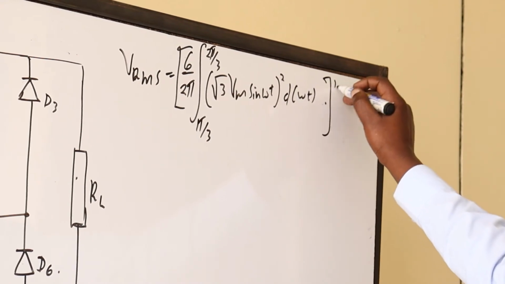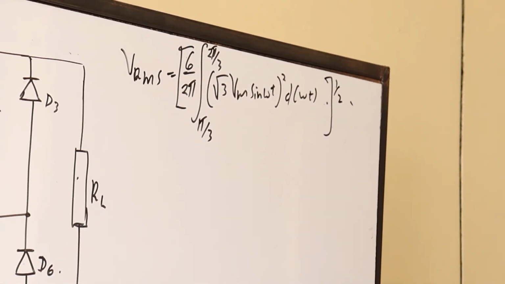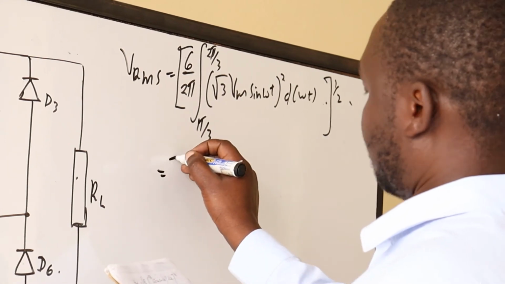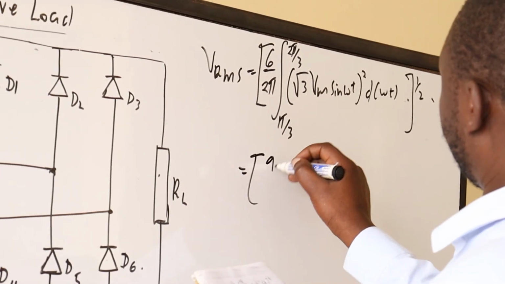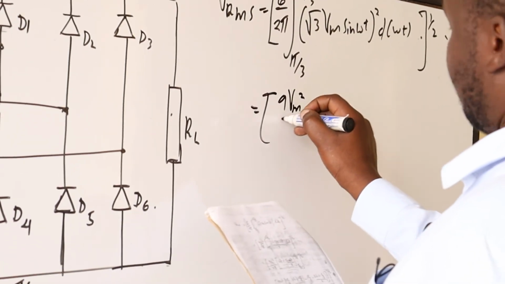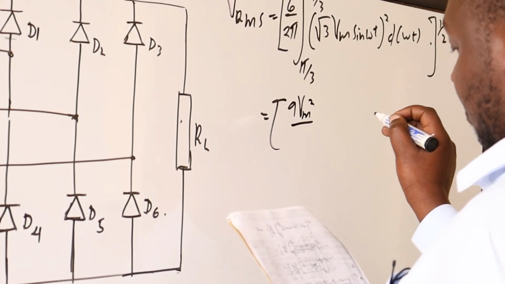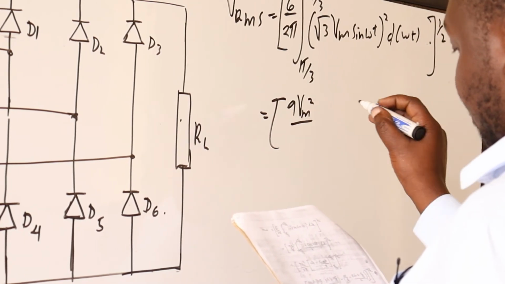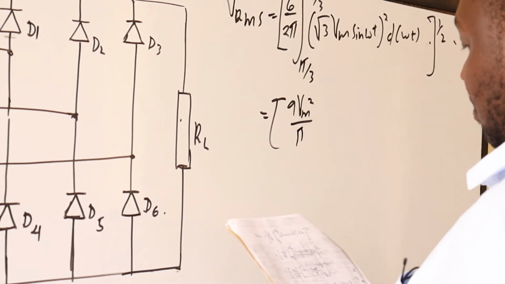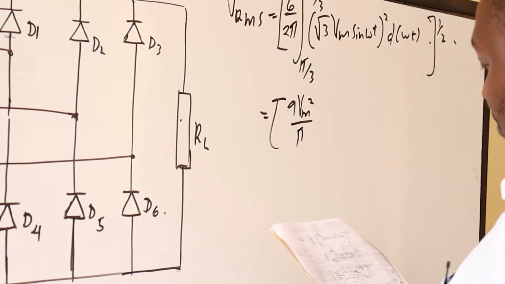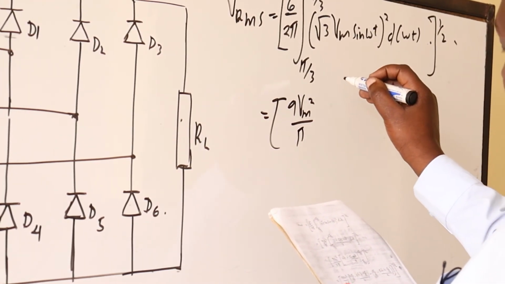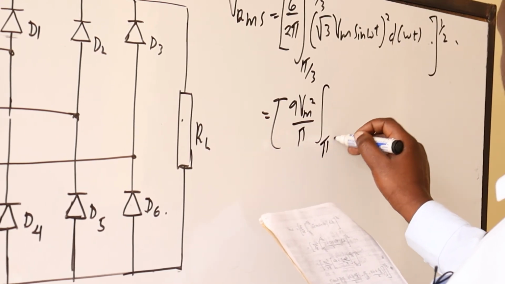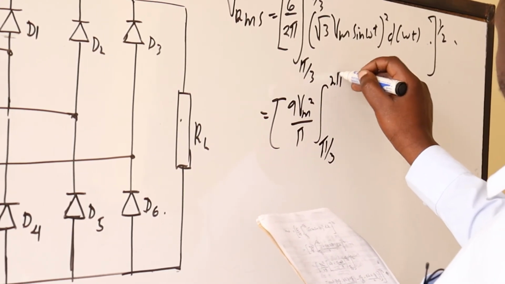All these we get the square root. So this will be equal to 9 Vm squared all over pi, the integral from pi over 3 to 2 pi over 3.